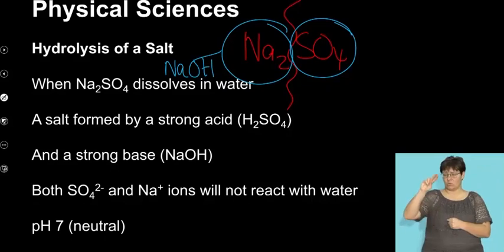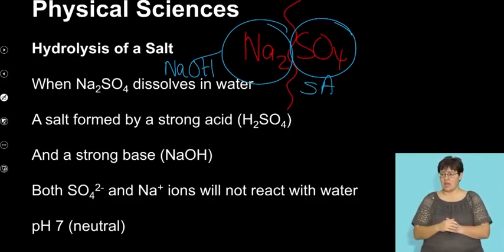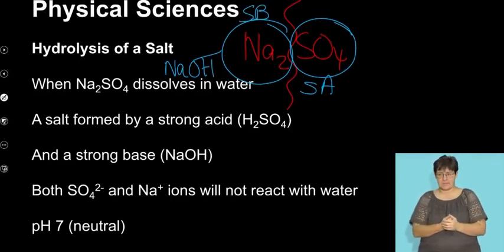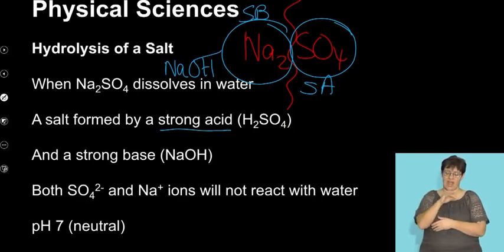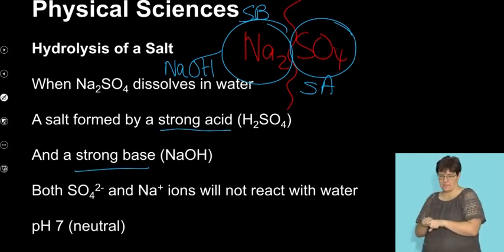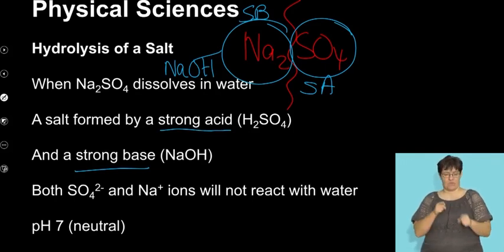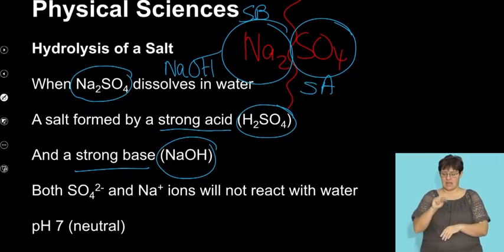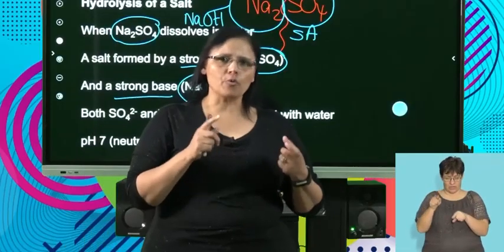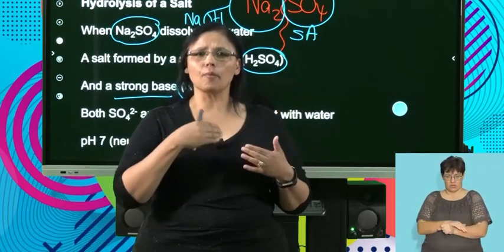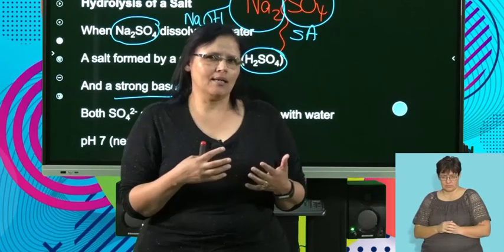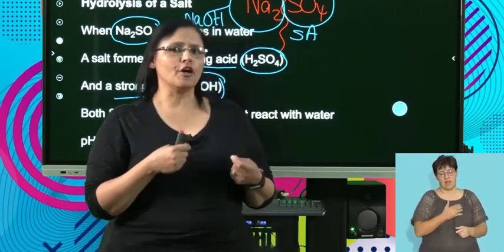So what we have in this case is a strong acid and a strong base that actually reacted with each other. So the salt was formed by the strong base that reacted with the strong acid. So in both cases, with a strong acid, sulfuric acid, and a strong base, sodium hydroxide, the acid will completely ionize, and the base will completely dissociate, meaning that they are more comfortable in ionic form.